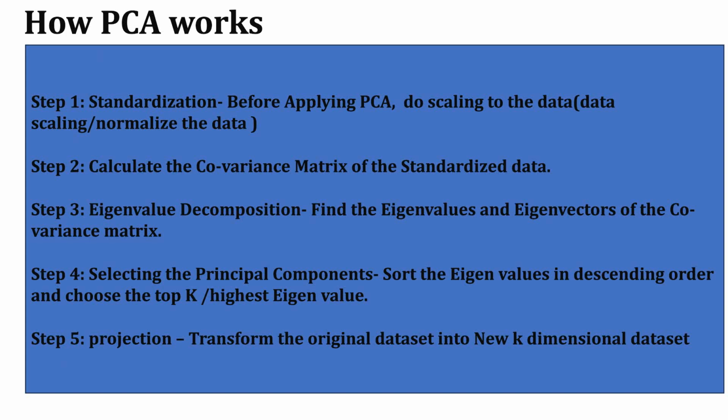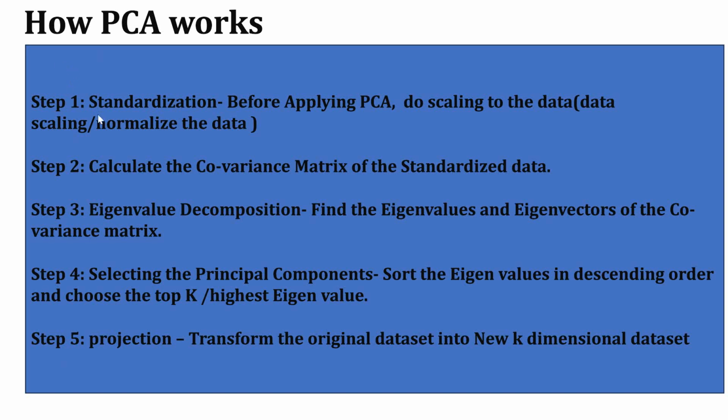For example, if you take age, it has different numbers, right? From 1 it will vary to 10, 20, 30, it goes up, right? So if you use scaling, it will bring everything into one unit, like 0 to 1. Numerically it will convert the values into one range, and it helps the model to understand the data.